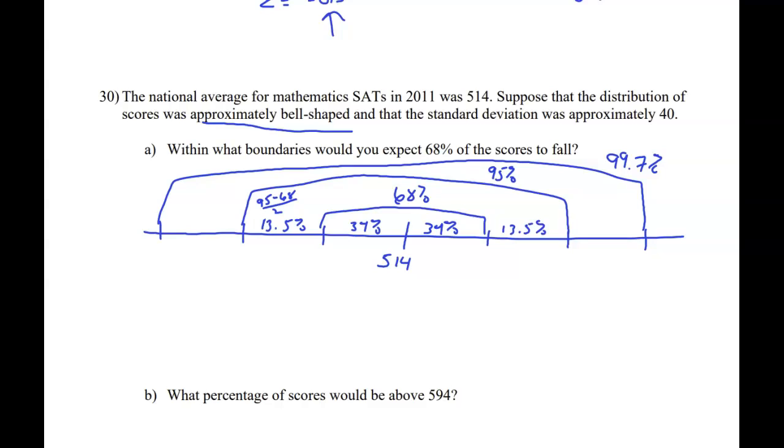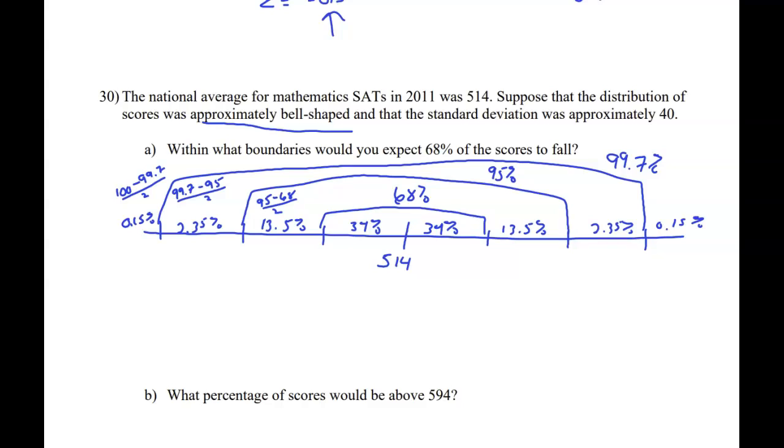And then I do the same thing out here, but I take 99.7% minus the 95 and divide by 2, I get 2.35%. And then on the outsides, I take 100 minus 99.7 divided by 2, which leaves me with a 0.15%. Now those are the percentages.